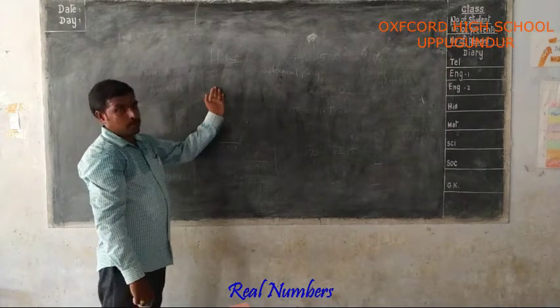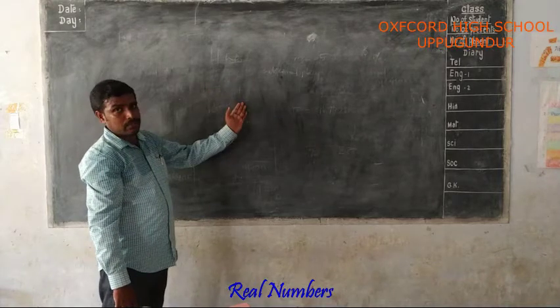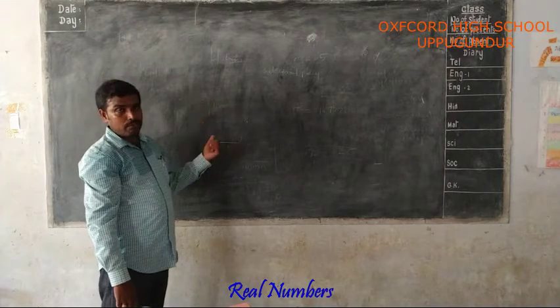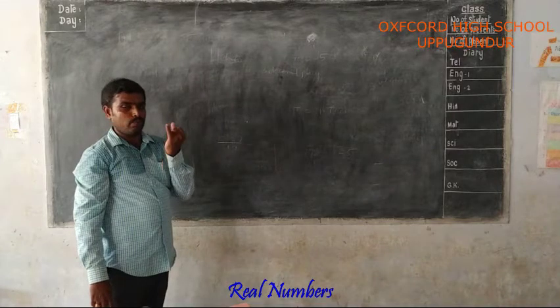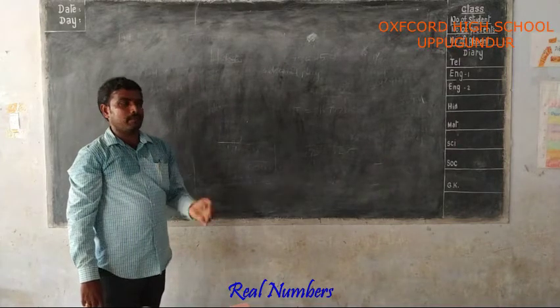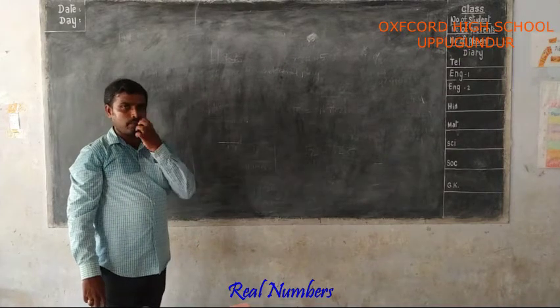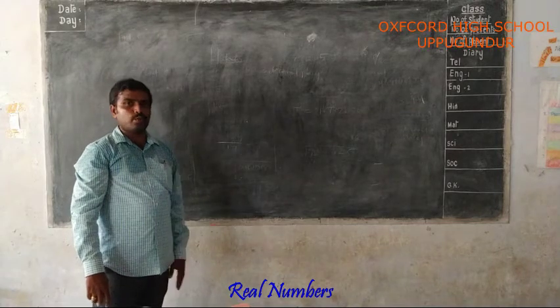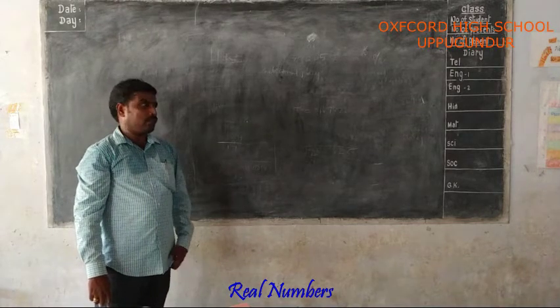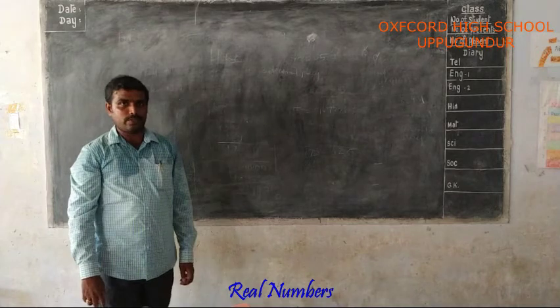How to find root 2 and root 3, you already learned just now. You have to find the value of root 5 and root 7: root 5 up to 3 decimal places and root 7 up to 6 decimal places. So this is about today's session. Thank you.